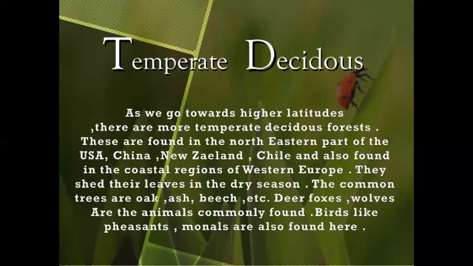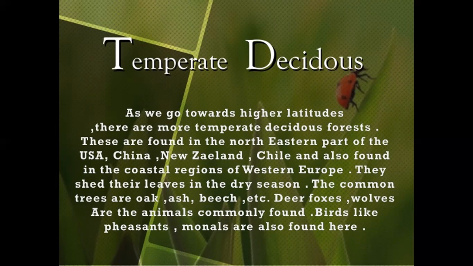Now, temperate deciduous forest. Temperate deciduous forests comprise trees that shed their leaves every year, and they are found between 40 degrees north and 60 degrees south of the equator. These types of forests are found in the eastern United States, parts of Canada, Europe, China, and Japan.